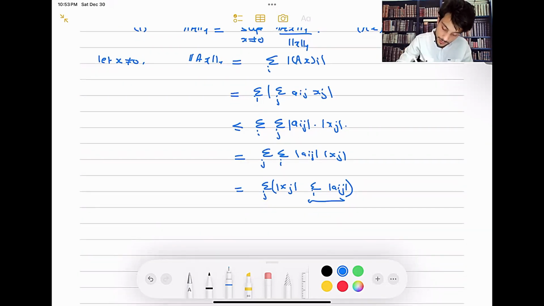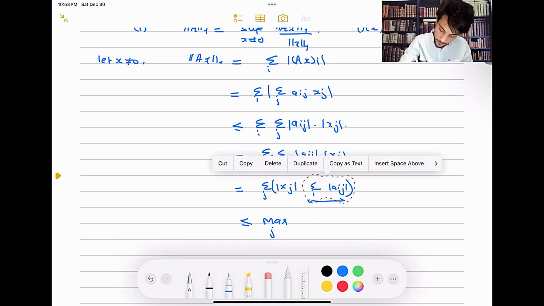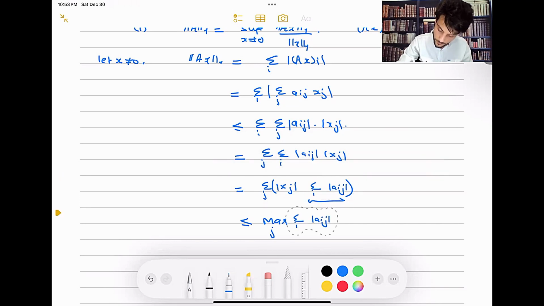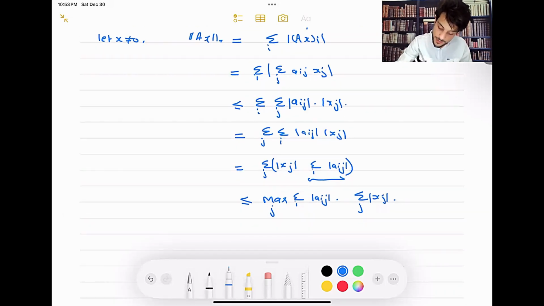We're going to take this, which is bounded by the maximum over all j's of this ugly term. And what we'll be left with inside of the summand is just x_j. So this is precisely the B that we're looking for, and this is precisely the one norm of x.